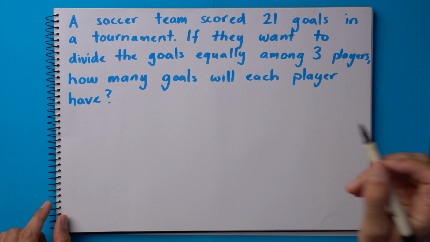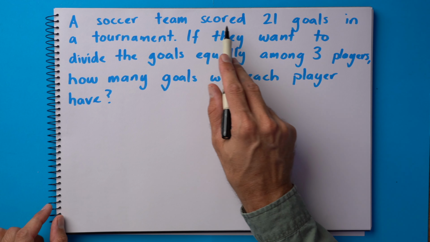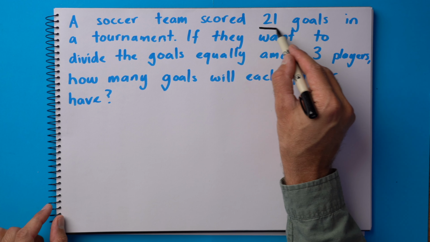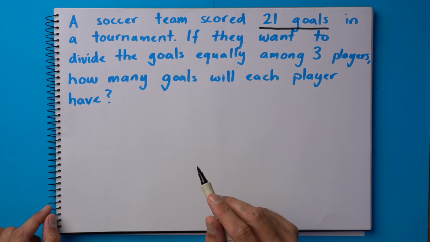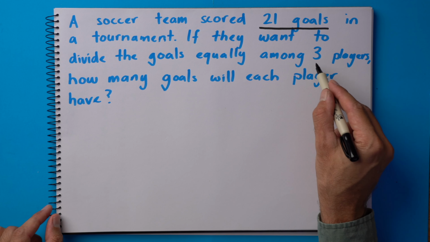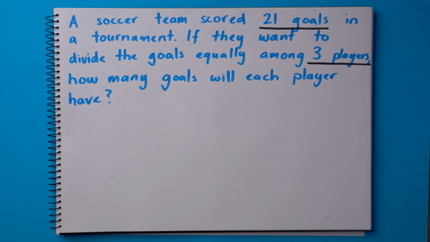Let's follow the same steps that we did last time. The first one was to underline the important information. A soccer team scored 21 goals in a tournament. If they want to divide the goals equally among 3 players, how many goals will each player have?